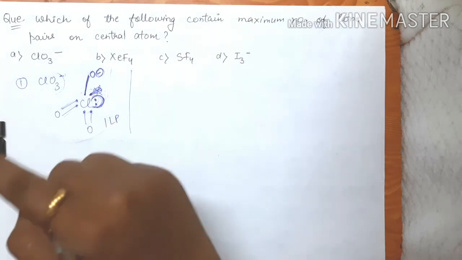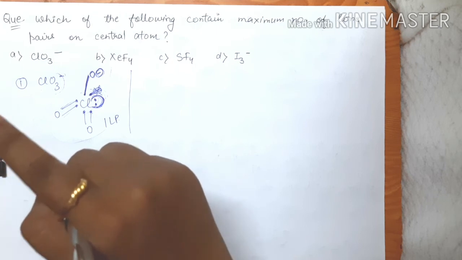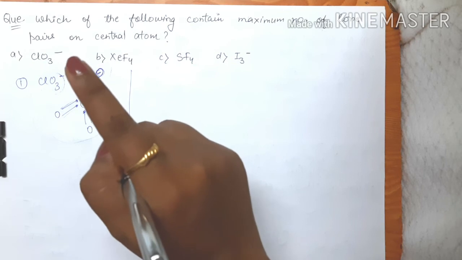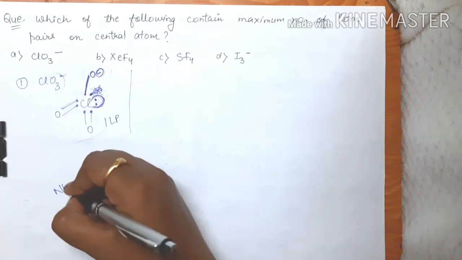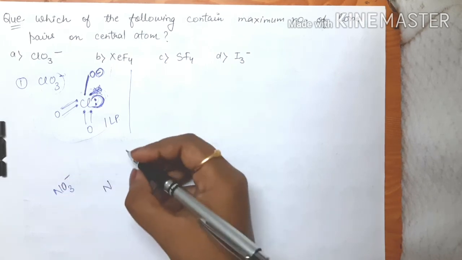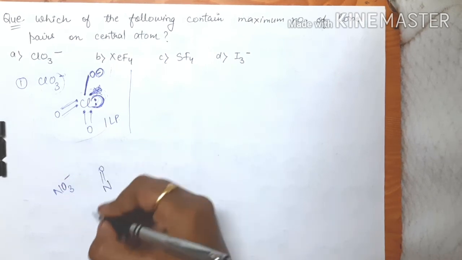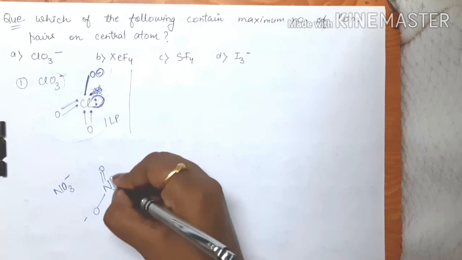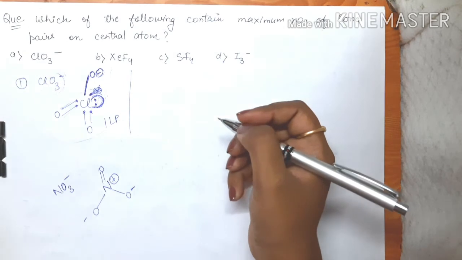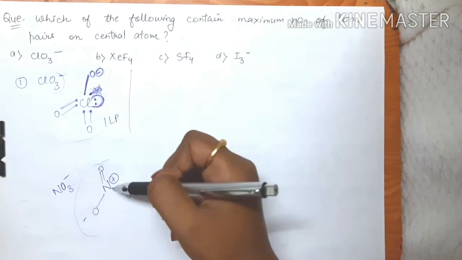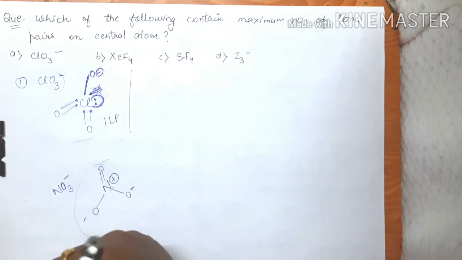Just like the case of NO3 negative, which we have discussed earlier, initially I was giving negative charge onto the nitrogen, but after that we saw that the structure of NO3 negative was like this: N double bond O, O negative, and nitrogen positive. We were not able to make the structure of NO3 negative after giving negative charge onto this nitrogen, right?